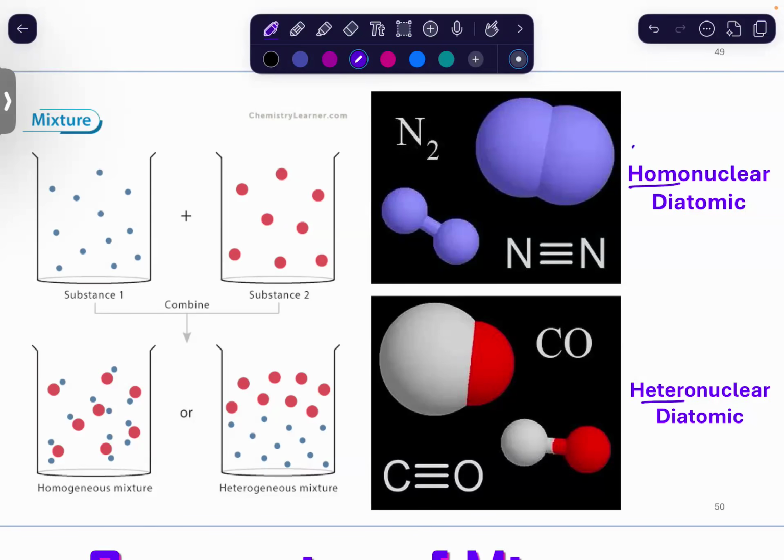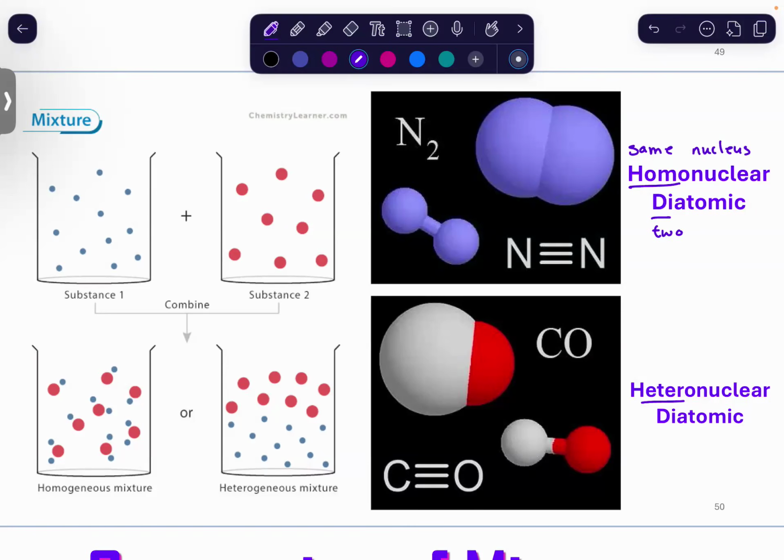Homo, same, nuclear, same nucleus or atom. So here you have the nitrogen molecule N2. It is called a homonuclear molecule because both atoms involved are nitrogen. It's also called diatomic. Di is the prefix that means two. It's a two atom molecule.